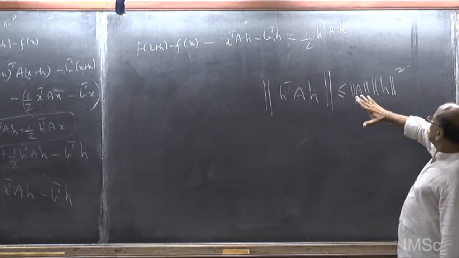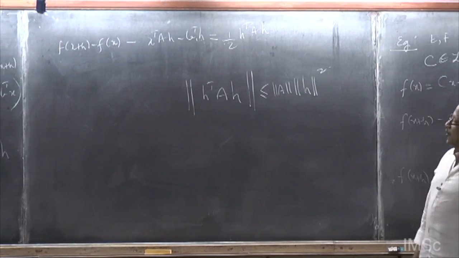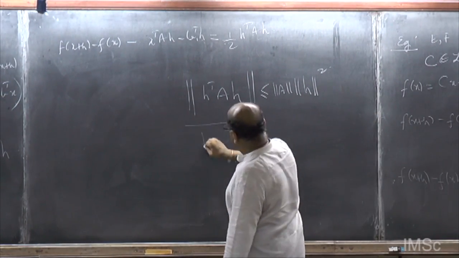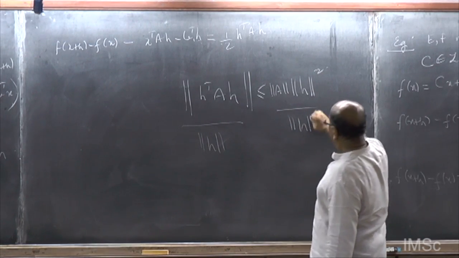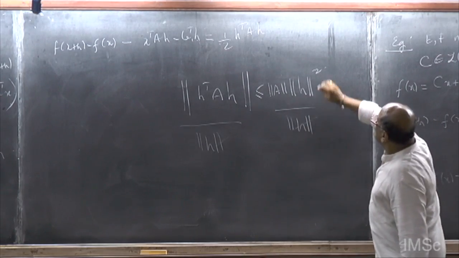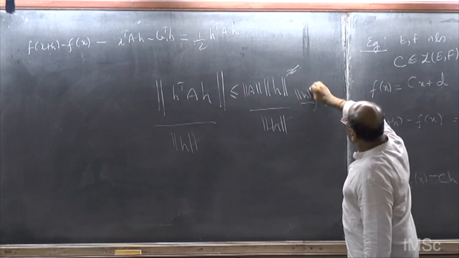Norm of Ah is less than norm A into norm h. So, I will get norm A into norm h square. So, if I divide it by norm h, this goes to 0 as norm h goes to 0.